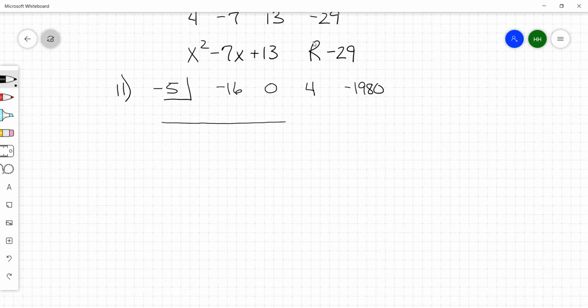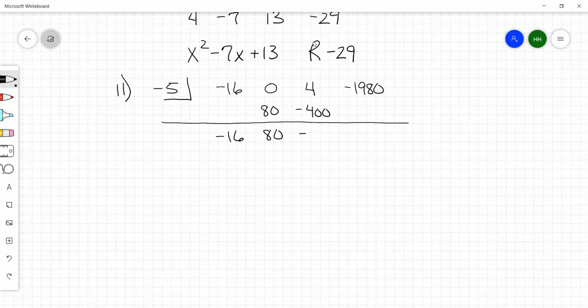And here we go. Bring down the -16. -5 times -16. Is that 80? All right. 80, and then 0 plus 80 is 80. And then -5 times 80 is -400.